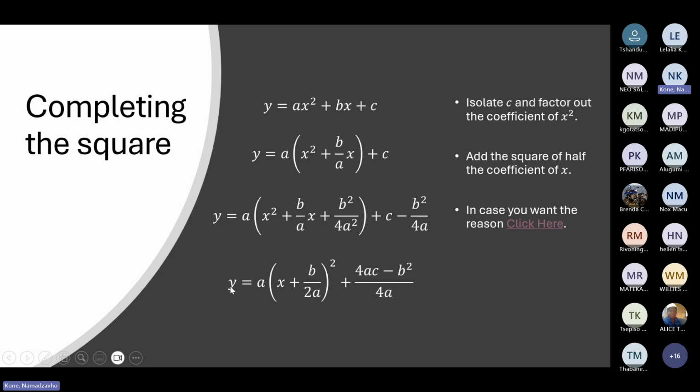If you do that, you take this to the left-hand side, and on this side you will be left with a times (x plus b over 2a) squared. Because this is a number, when it comes to this side it becomes negative. Then you can apply this negative onto the numerator, and the numerator becomes b squared minus 4ac on this other side.